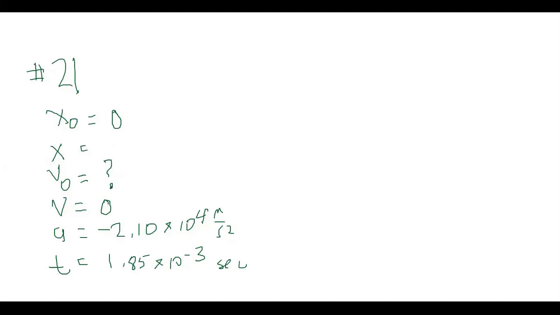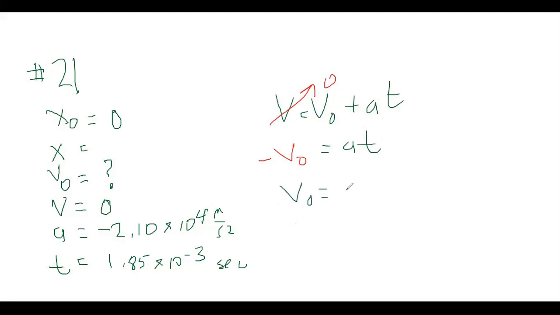All right, same equation as last time. It makes it easy. Now we have to get V naught by itself. So we subtract it from both sides. We know V is 0. That makes life easy. So this gives me negative V naught equals AT. V naught equals negative AT.